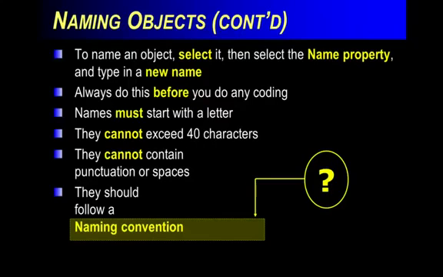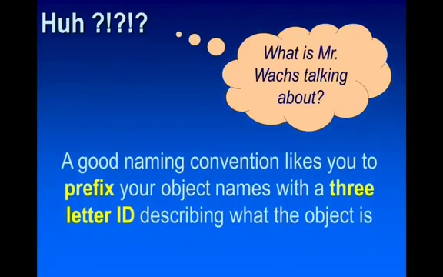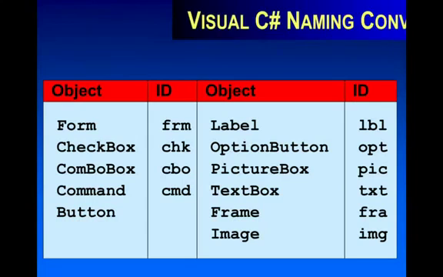But as well, in addition to these have-to rules, there's also a style to this. The style is not a have-to, but other programmers are expecting it. So this is called a naming convention. It's a good idea. So the way we're going to name stuff that are design objects is using a 3-letter ID or a prefix. Okay?